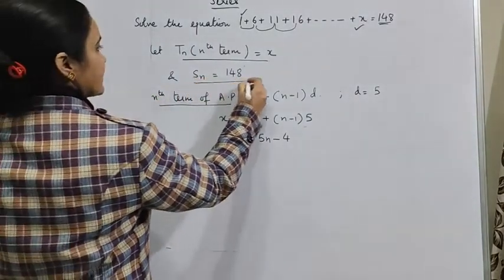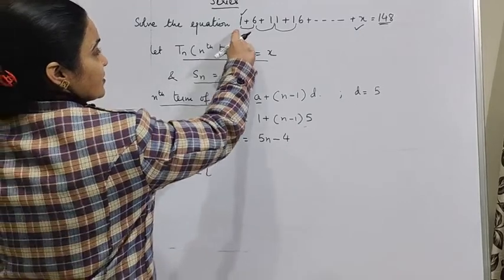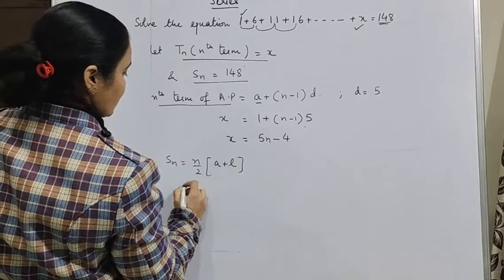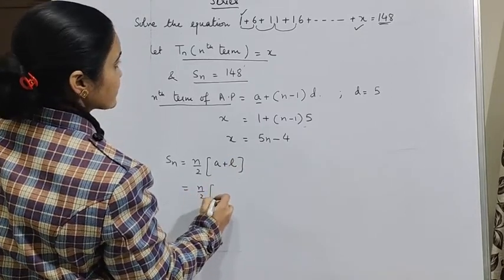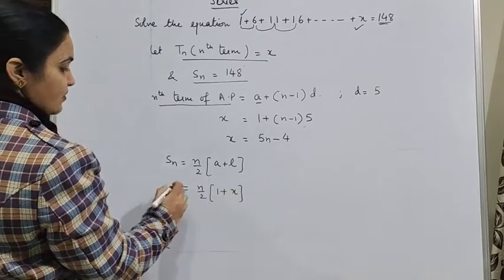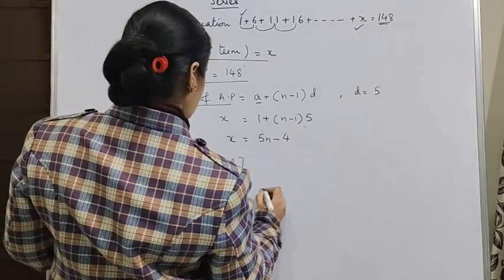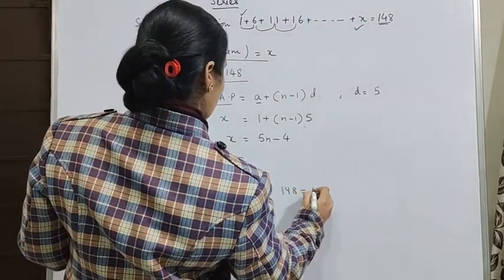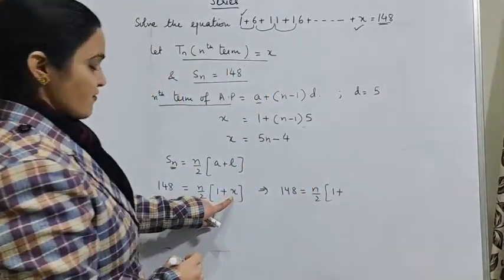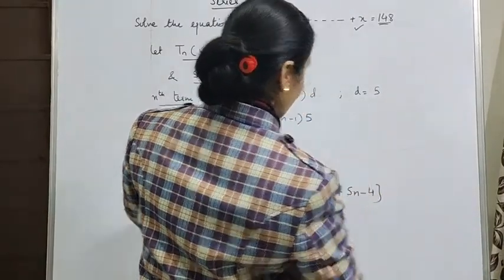Let us now take Sn. Sn is equal to n by 2. Here we have the first term and the last term, so it is n by 2 times (A plus L). First term is 1 and last term is x, and Sn is given as 148. So 148 is equal to n by 2 times (1 plus x). Put the value of x here: x is 5n minus 4.